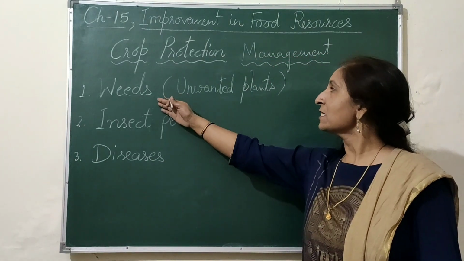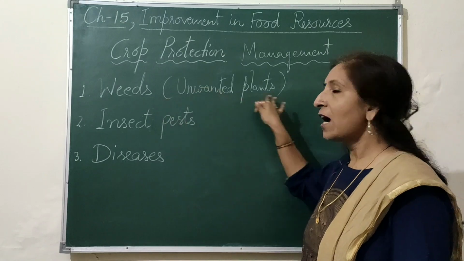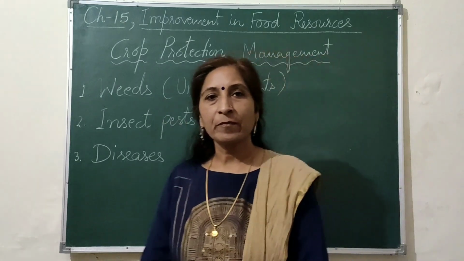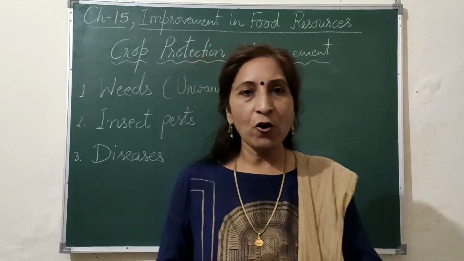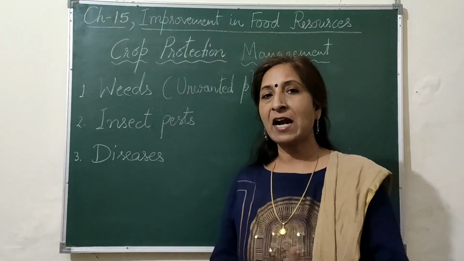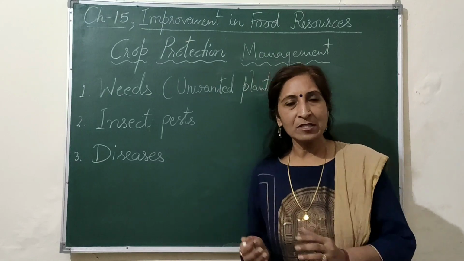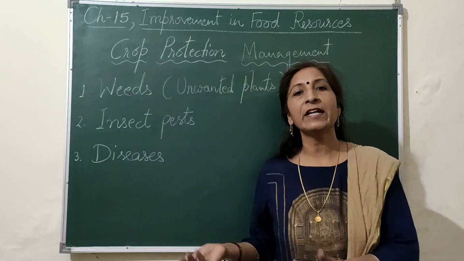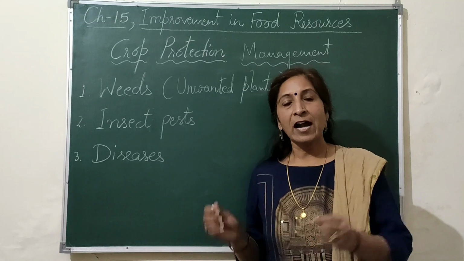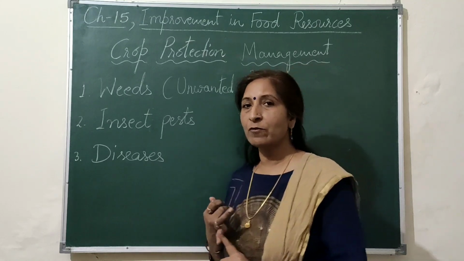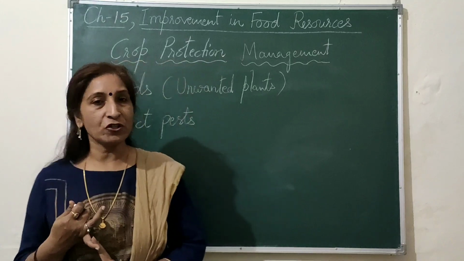First of all, it is weeds, which are unwanted plants. Just recall, when you grow some plants in your kitchen garden or in your pots, sometimes you see some grasses or some different kind of plant growing along with your plants. Those plants you have actually not grown and you need to uproot them.